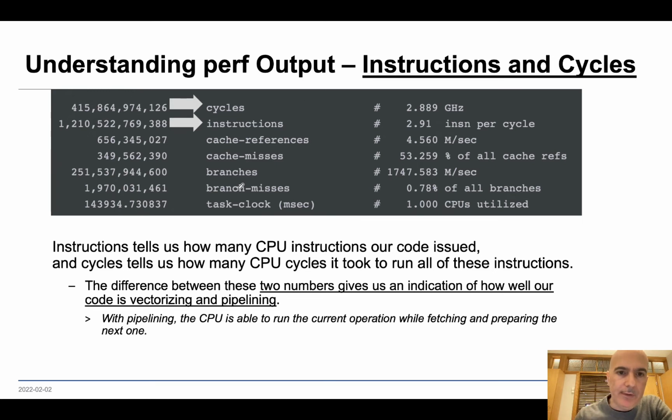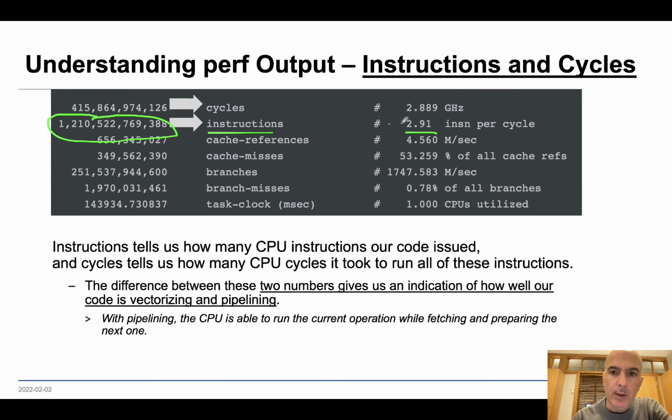So let's look in more detail at the perf output. The first thing is really about the instructions. Instructions tell us how many CPU instructions our code issued. The interesting part for us is this number here, instructions per cycle.